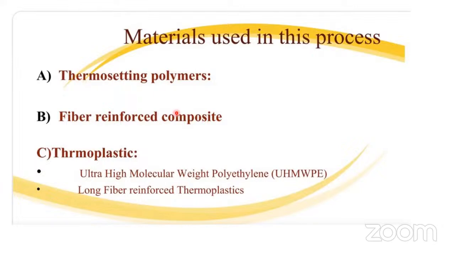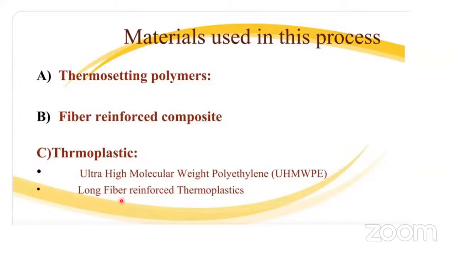Now, friend, fiber reinforced composites. These are also materials that can be used in a compression molding press. And lastly is thermoplastics. I told you just now, high molecular weight polymers, the material which has a very high viscosity and is very viscous after melting.